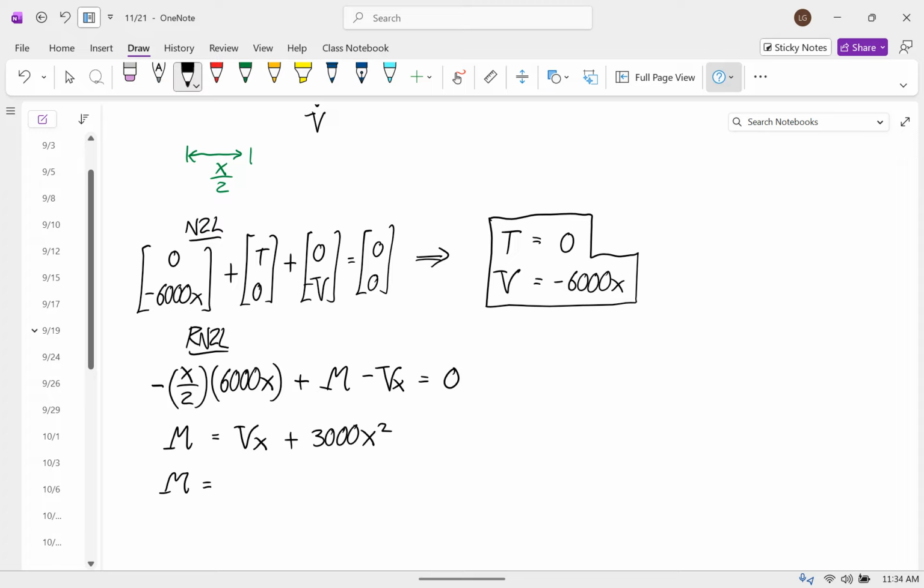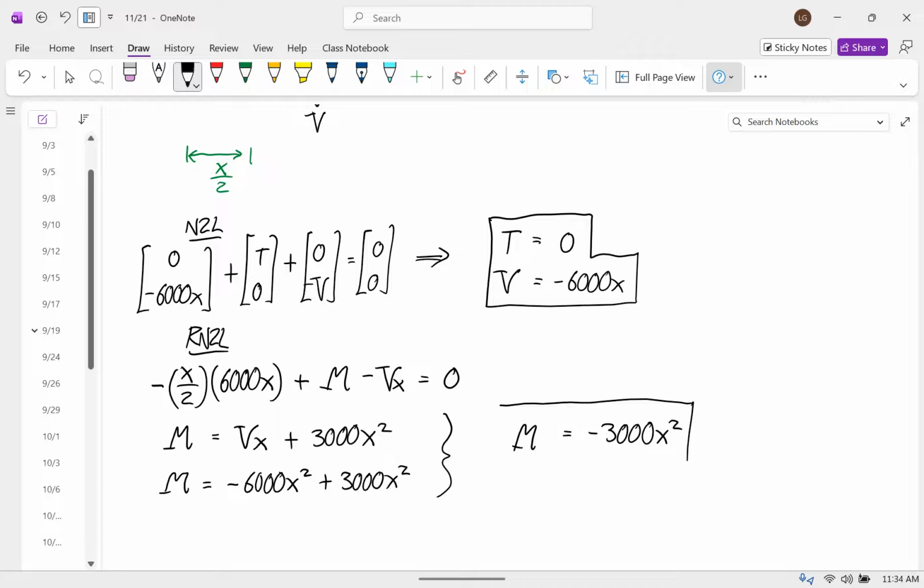You get M is equal to negative 6,000x squared plus 3,000x squared. And so M is equal to negative 3,000x squared. So this is valid for x between 0 and 1.2.